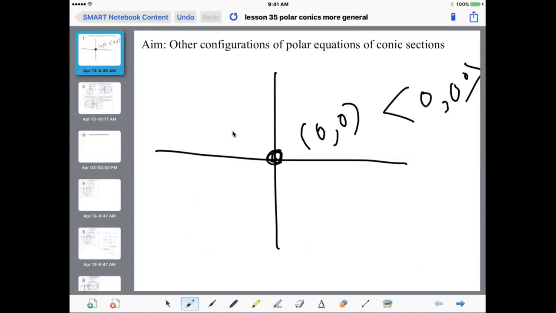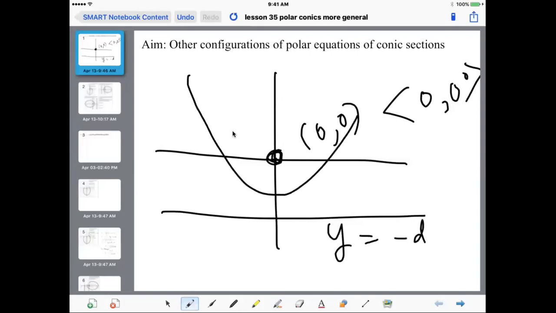And the directrix, and you can see I'm mixing up rectangular and polar all together, but this horizontal line can most easily be described as y equals negative d. And if we had some sort of conic, maybe it's an ellipse, maybe it's a parabola, maybe it's a hyperbola, with an eccentricity of e, we saw yesterday that the equation ended up becoming r equals ed over 1 minus e sine theta.